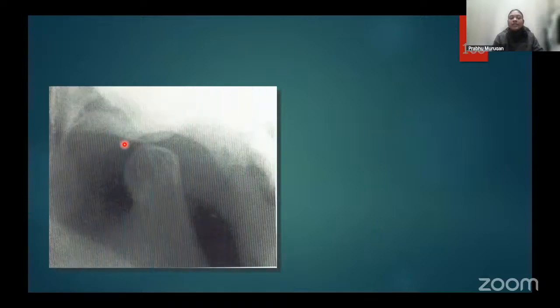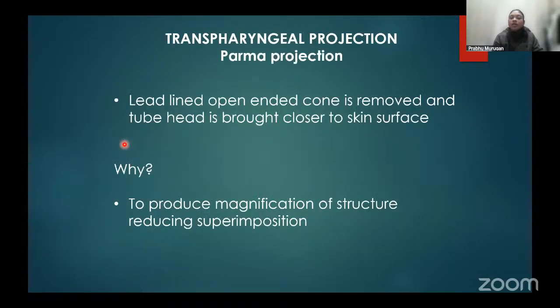So the next thing is your transorbital. Under transpharyngeal, there's something called the Parma projection. See, I told you certain modifications will be there. In this Parma projection, basically a lead-lined open-ended cone will be removed, and the tube head is brought as close as possible to the skin surface. This magnifies the structure so that it reduces the superimposition of the other bony structures.